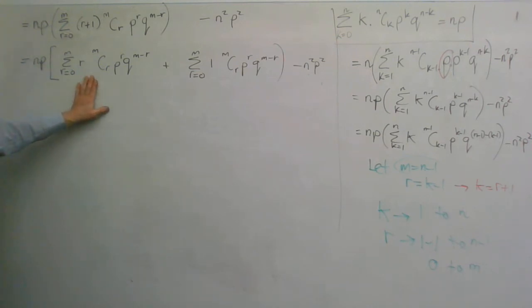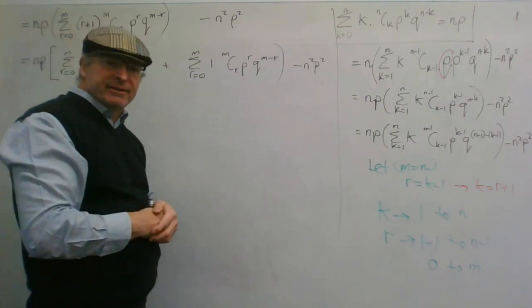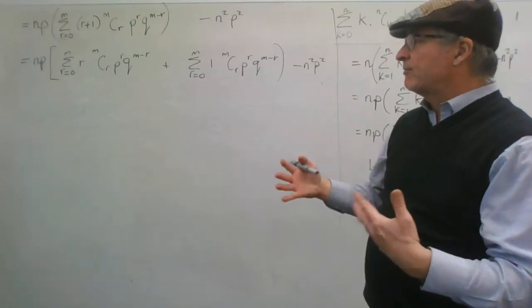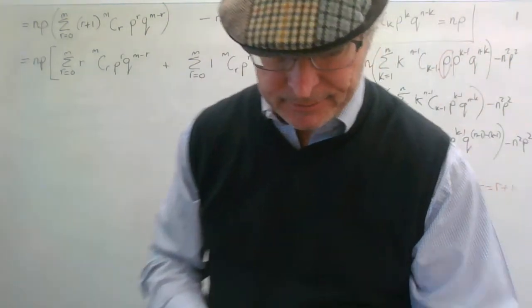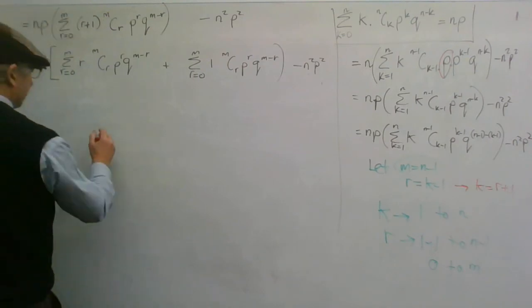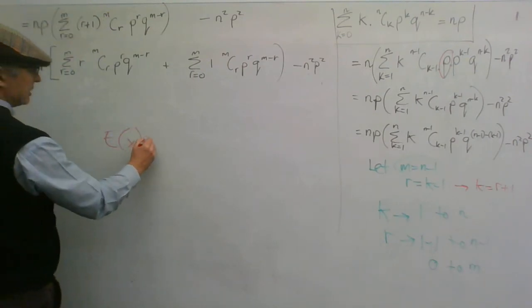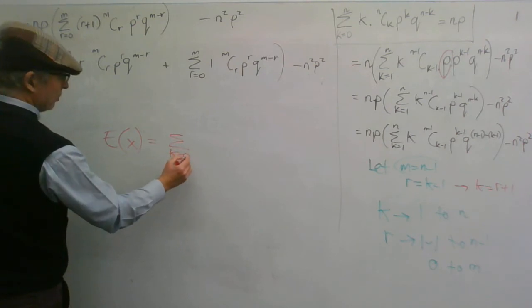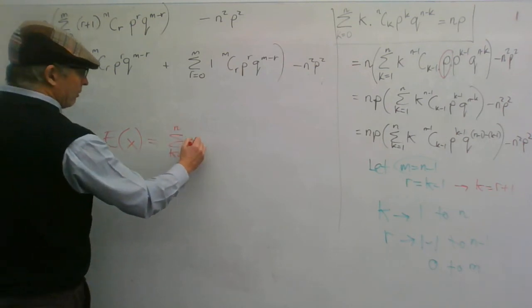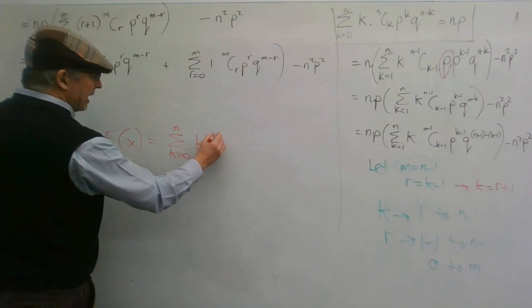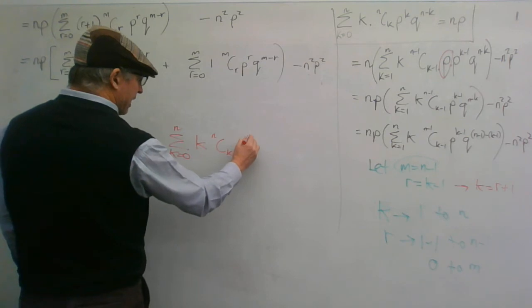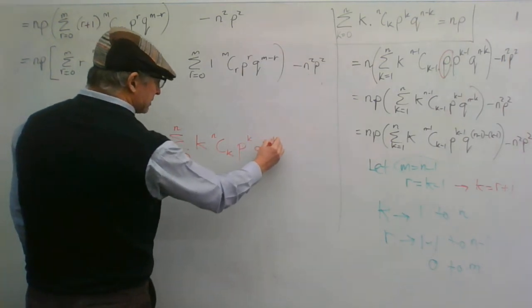Okay, now this should look familiar from what we did with our expected value. Now we know that the expected value, I'll just write it down in red under here, expected value of x is equal to the sum from k equals 0 up to n of k times nCk p to the k, q to the n minus k.